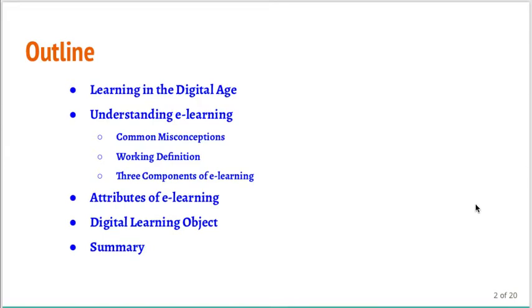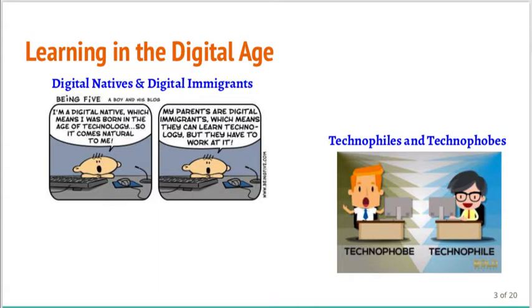So learning in the digital age will introduce new terms: digital natives and digital immigrants, technophiles and technophobes. The digital natives have lives surrounded by digital technology.